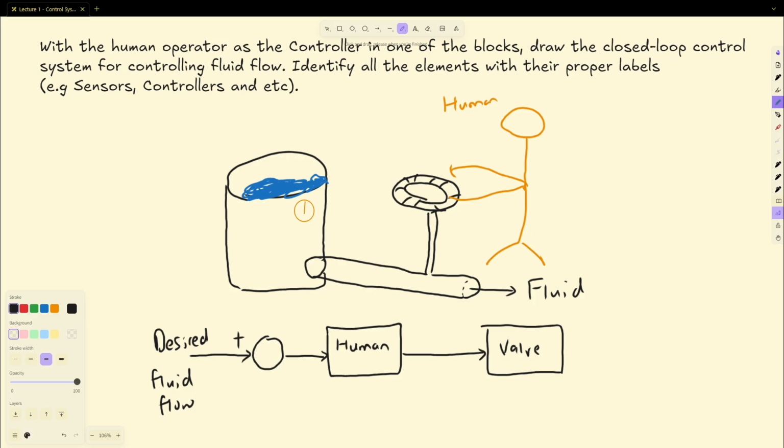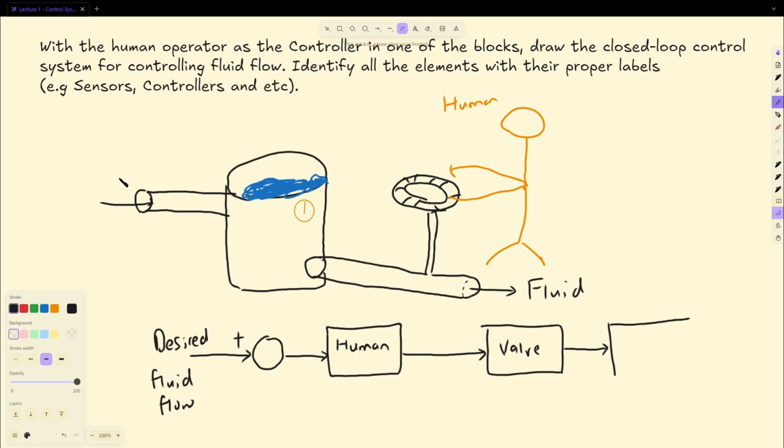Now the process is looking at the tank level, right? This is the process. And just so we're clear, there is obviously an influx of liquid that was not shown before. That's going inside. This is the output, and this is the input.